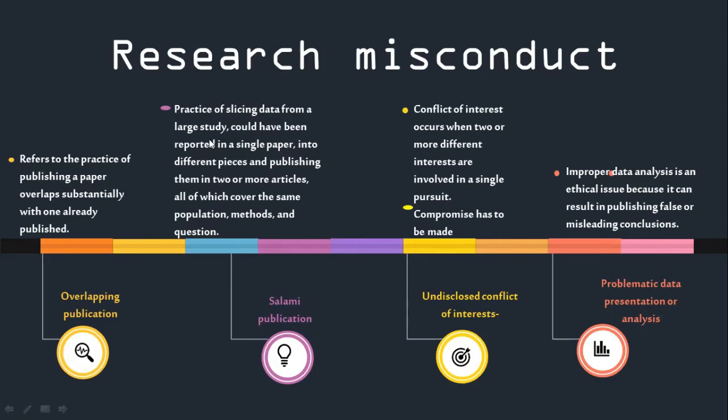For example, a researcher does an exhaustive work, and instead of using all the data and all the relevant analysis in a single publication, which he should have done, just to increase his publication number, he uses a part of the data or analysis in one publication and the other part in other publications.